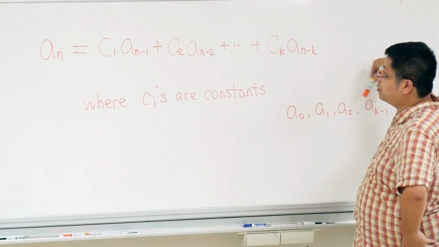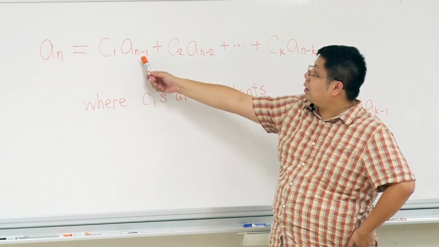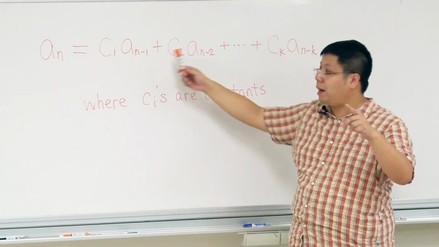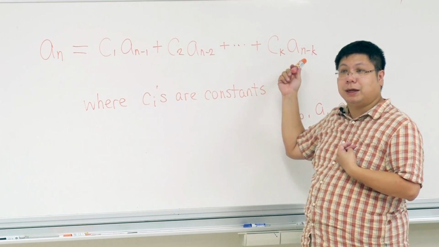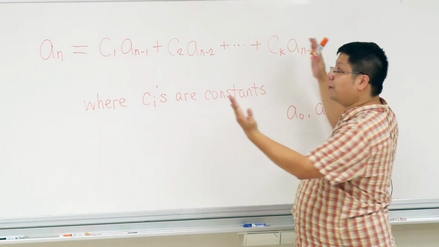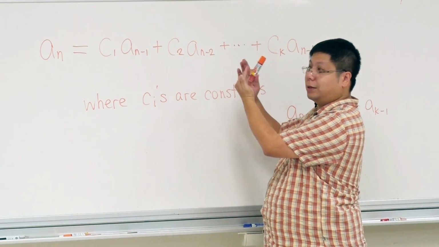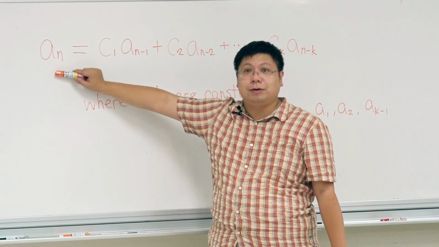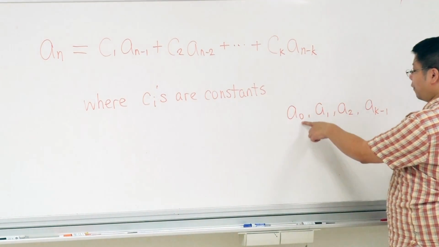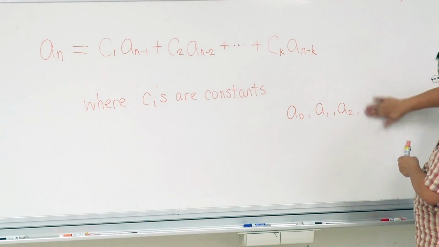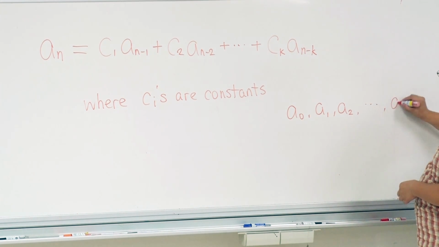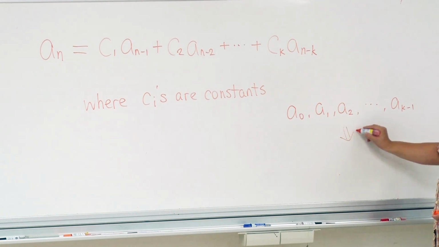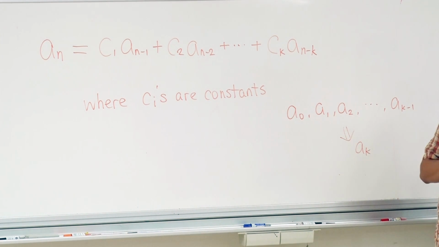Look at it: n minus 1 is the first term, n minus 2 the second term, so n minus k will be the kth term, right? So if I have k consecutive terms given, then I can compute the next term. If I give you A0, A1, A2, up to A_(k-1), so k terms given, then I can compute the value of A_k.